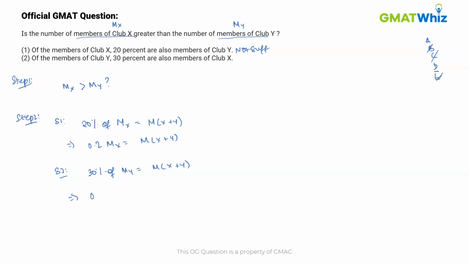We can write this as 0.3 MY equals M of X plus Y. Now, again, this information is not sufficient as we cannot compare the number of members of Club X and the number of members of Club Y. So, statement 2 is also not sufficient, and we move on to the last step, which is step 3, and analyze the statements together.